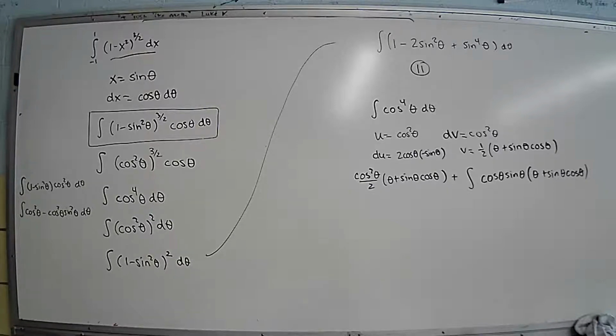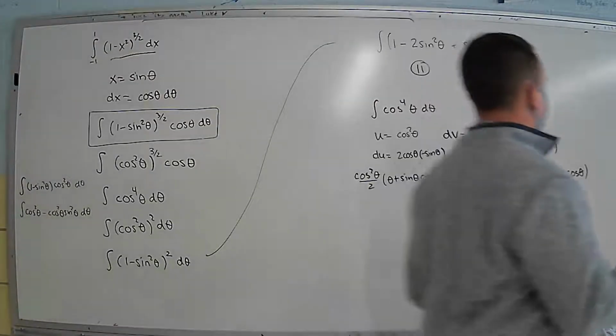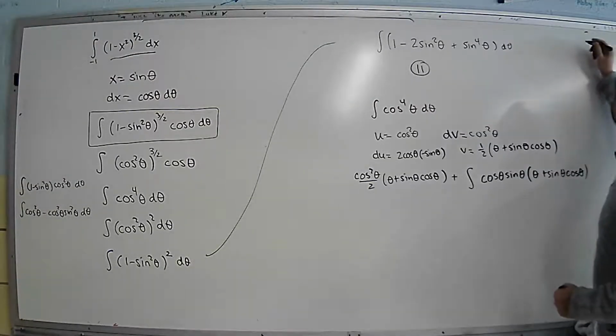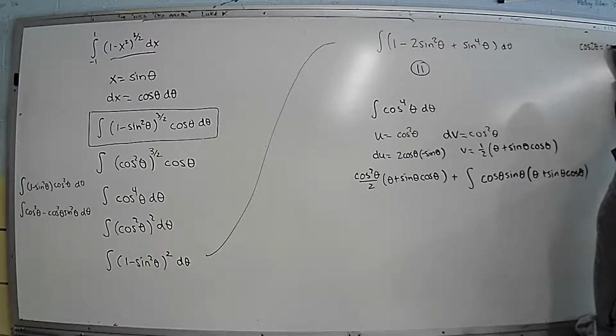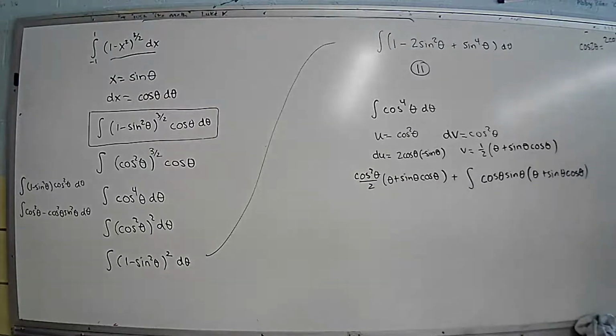I think we're going to end up using that identity that you wanted to use earlier. Because cosine squared, remember, cosine of 2 theta was 2 cosine squared theta minus 1, right? Is that true?